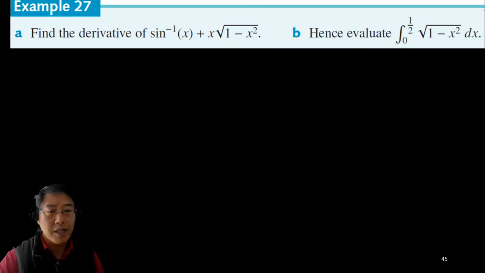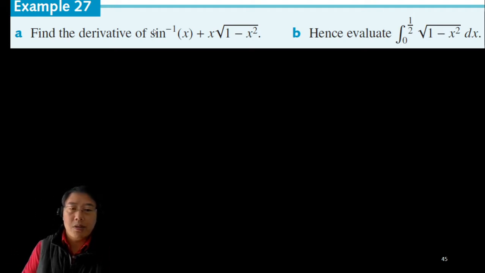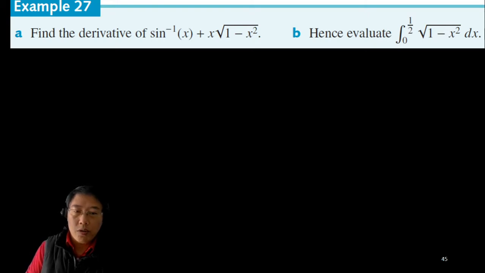No, not exactly. You're using a reciprocal. This is an inverse circular function. Now, if you don't remember, it's negative 1 over square root of 1 minus x squared.